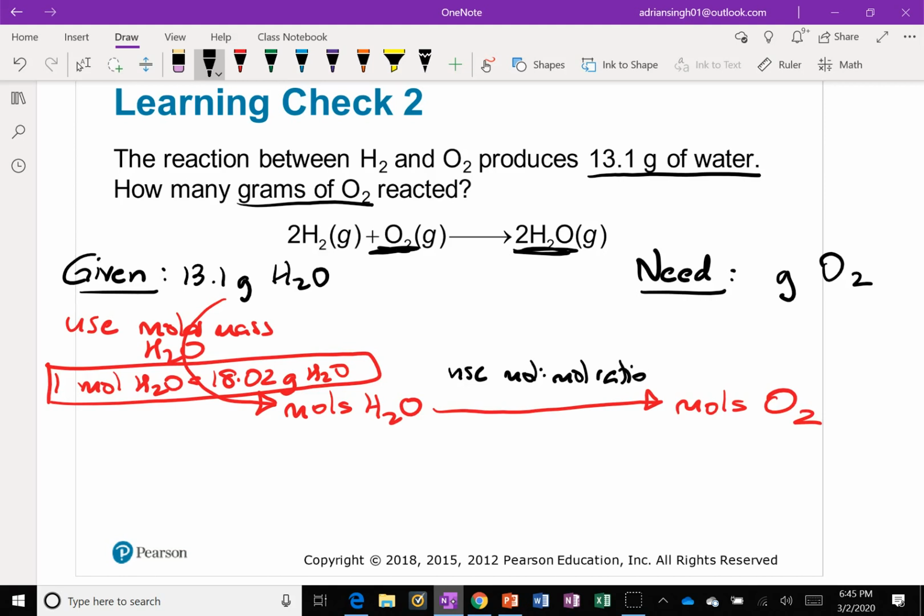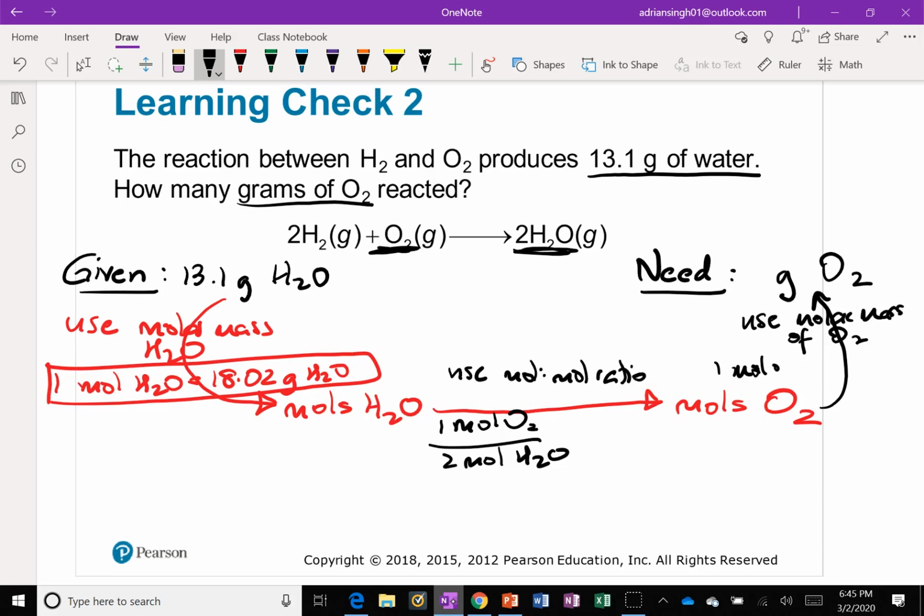So for every 1 mole of O2, we have 2 moles of H2O. I just put the coefficients over each other. Once we get to moles of oxygen, we can convert it to grams, and we're going to use the molar mass of O2. Right, so 2 oxygens, 1 mole of oxygen is 32.00 grams.